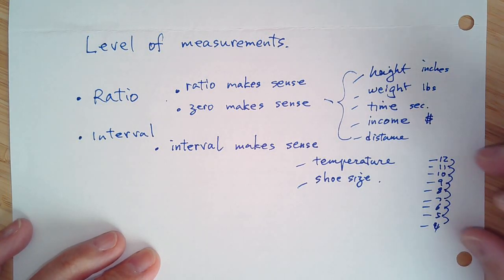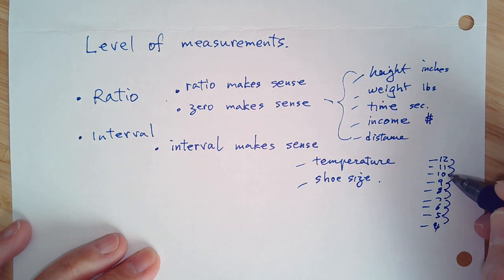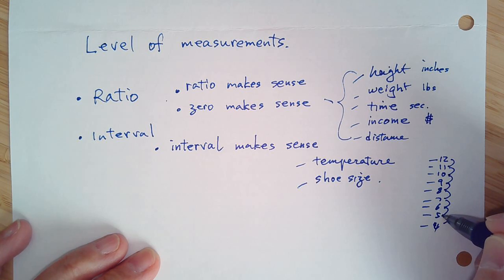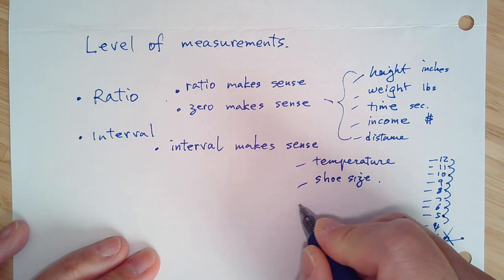So that's an interval data for sure. However, the ratio doesn't make sense because the size 10 is not twice as long as size 5. All right, and also there's no 0 because you cannot have a tiny pointing feet, right? So 0 doesn't make sense and the ratio doesn't make sense. However, the difference or the interval makes sense. So shoe size is another example.